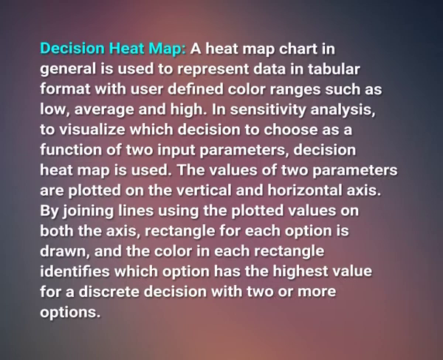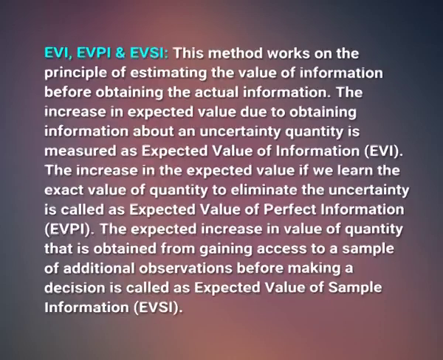The values of two parameters are plotted on the vertical and horizontal axis. By joining lines using the plotted values on both the axes, a rectangle for each option is drawn, and the color in each rectangle identifies which option has the highest value for a discrete decision with two or more options.